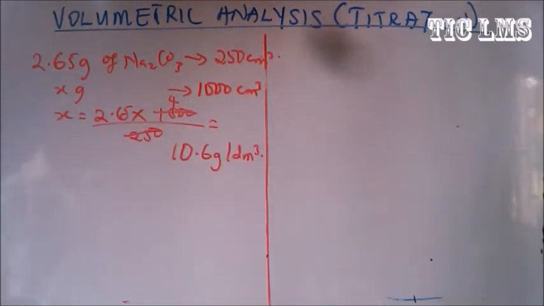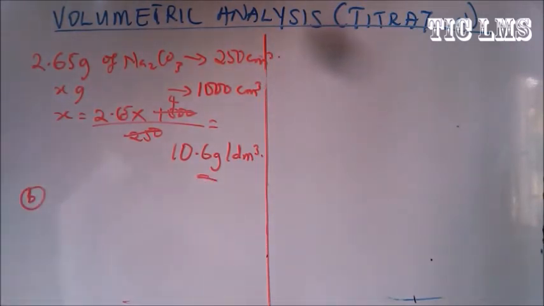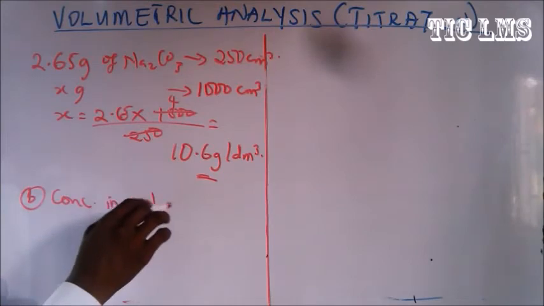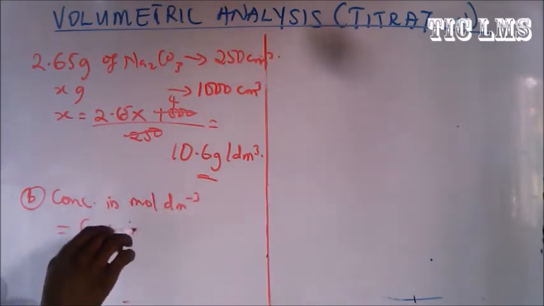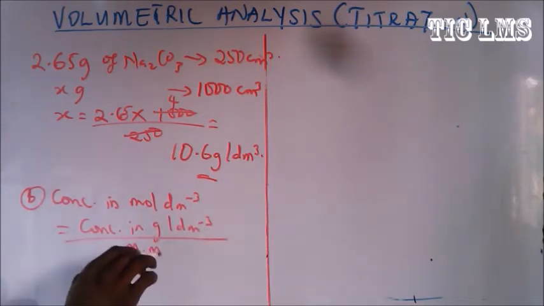Now, to have it in mole per dm cubed, we've already answered the first part of the question, because we are told to calculate the concentration of sodium trioxocarbonate(IV) in gram per dm cubed. So here is the first answer. Then B, to find the concentration in mole per dm cubed, we have that concentration in mole per dm cubed equal to concentration in gram per dm cubed divided by the molar mass.